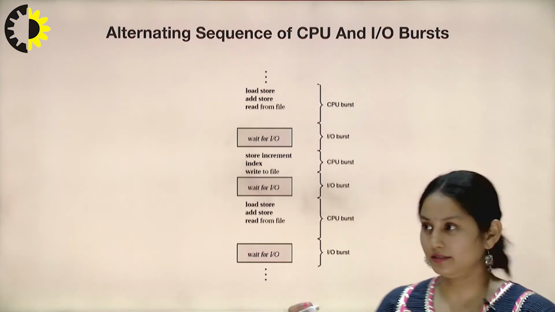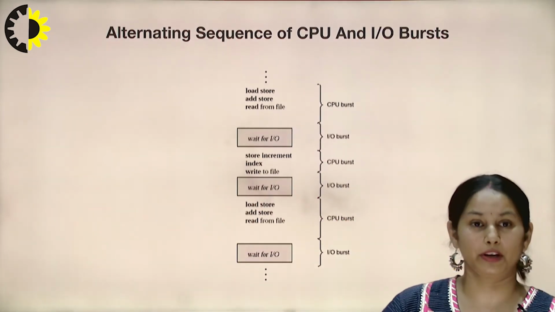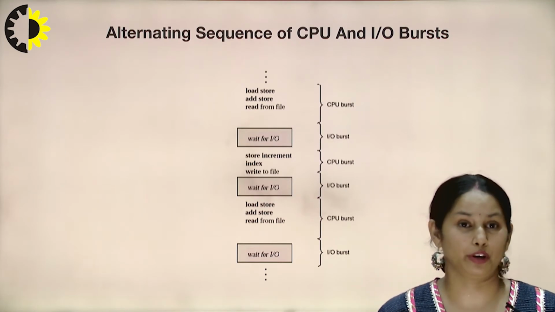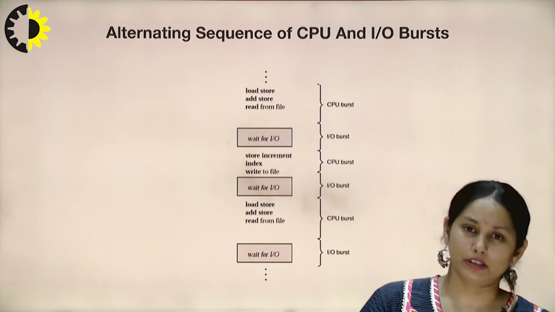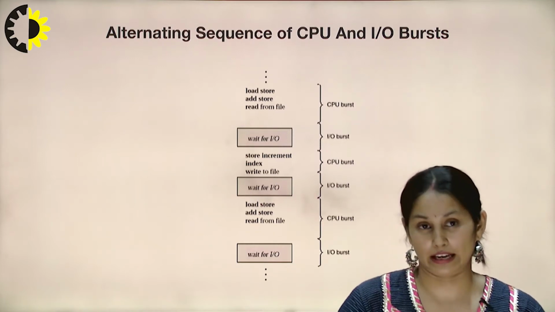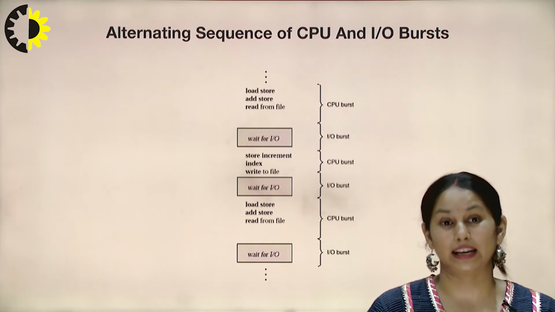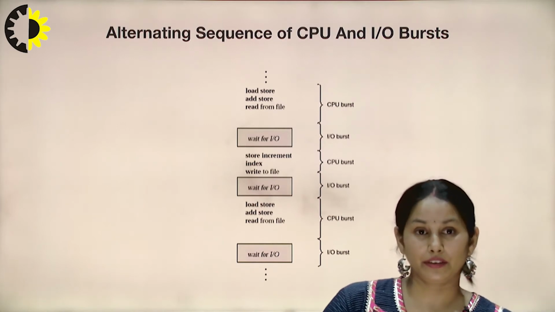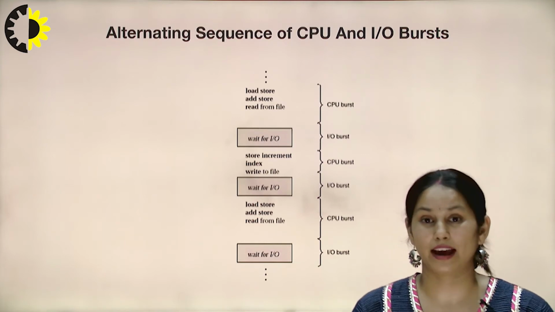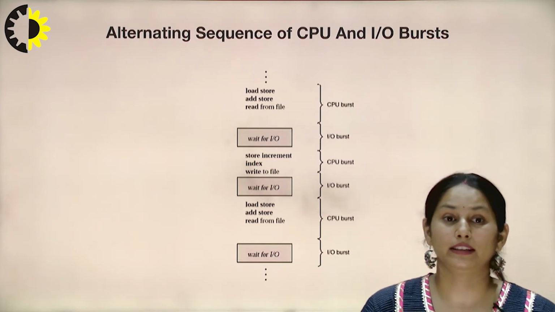Here in this section, you will be able to see the alternating sequence of CPU and input output bursts. So what is burst time? First of all, burst time is the completion time. It is the time when your CPU or your input output devices are having a one-to-one interaction with the process.